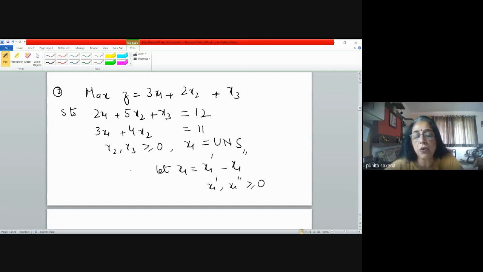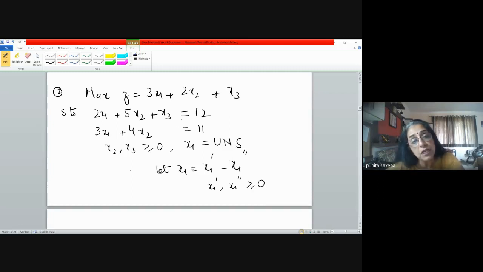So x3 is already a pivot element from the first row, because x3 is present in the first row but absent in the second row. So even if I leave the first row unchanged, it's not going to create a problem for me. In fact, it's going to ease my process, because I would be reducing one iteration. If I introduce A1 in the first constraint and A2 in the second constraint, I need 2 iterations to get rid of both of them, right?